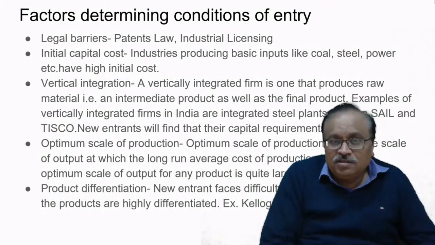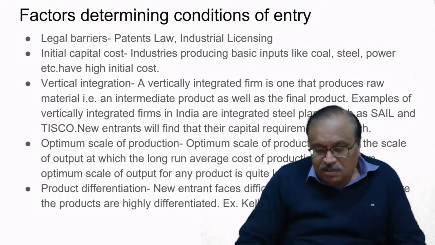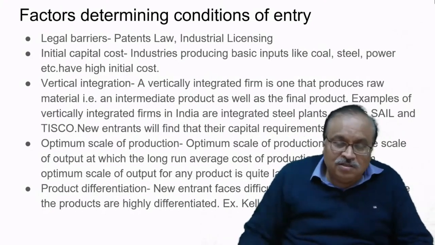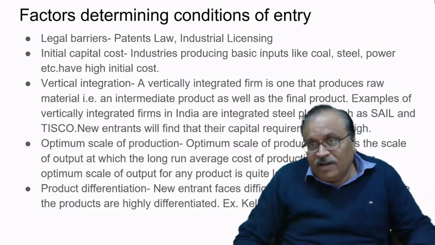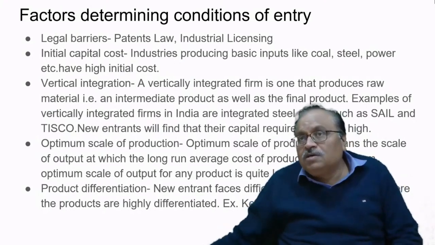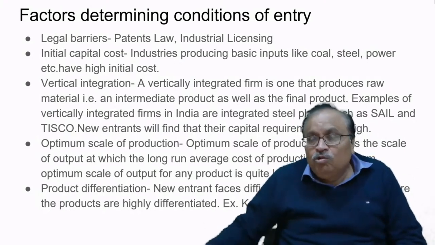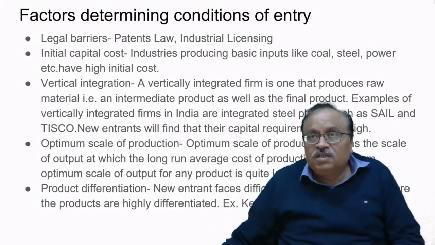Then vertical integration. So vertical integration means that you have a factory which produces, say, a product. Now you own a place from where the raw material comes, and then you go and open retail shops in the market.